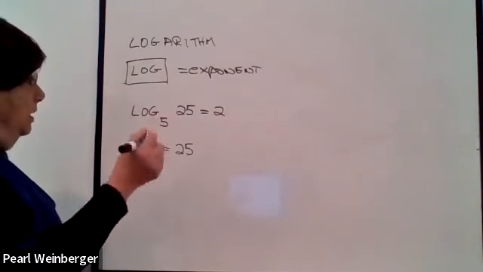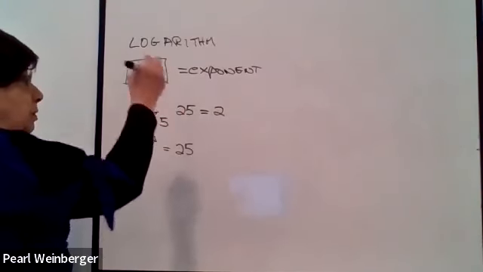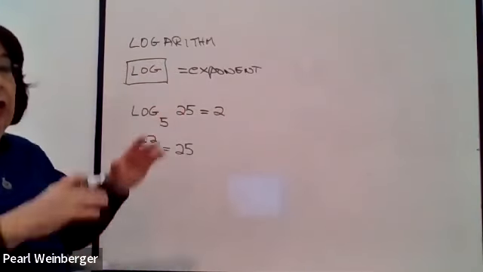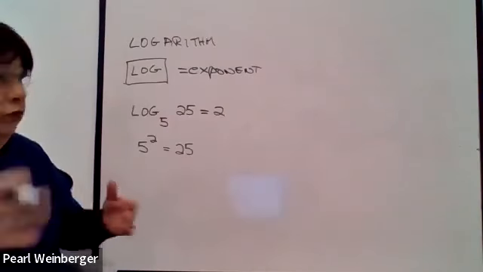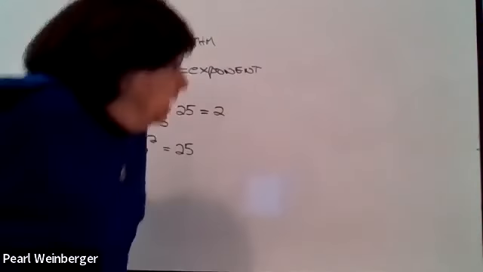Let's just write down the rule for switching from what we call logarithmic form to exponential form. I'm going to write it as an A, B, C type of thing.